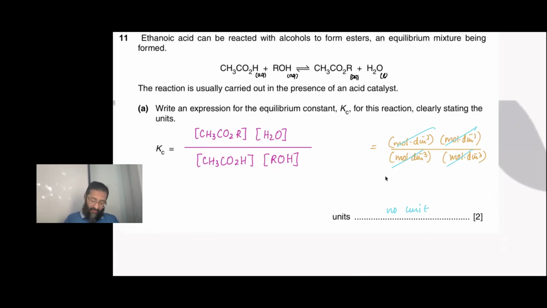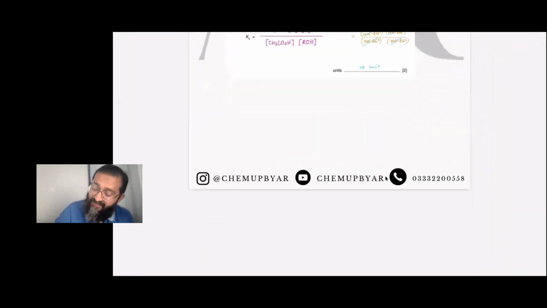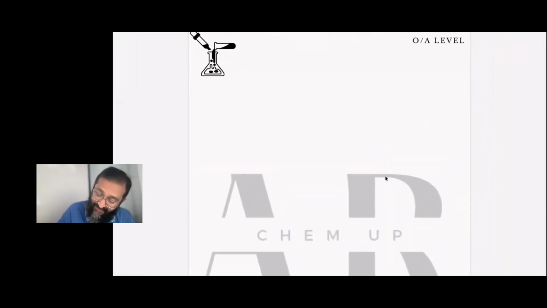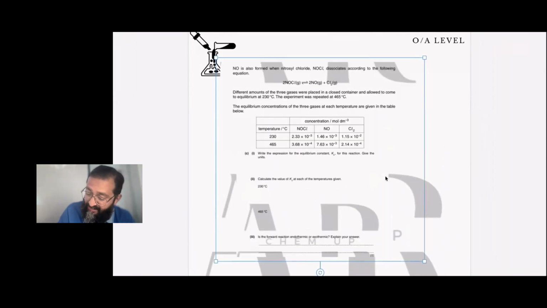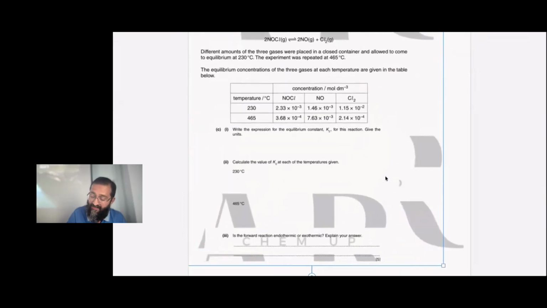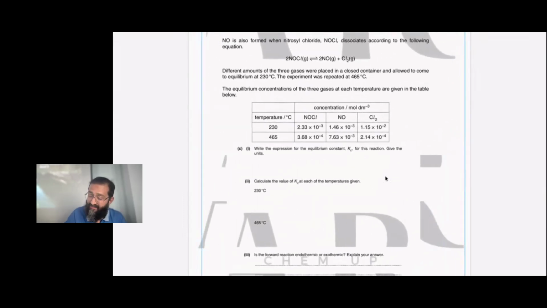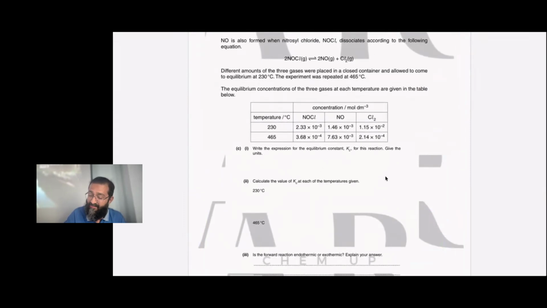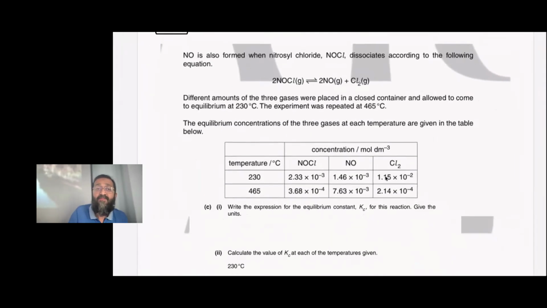Now I have one question for you to attempt. NO is also found when nitrosyl chloride dissociates according to the following equation.